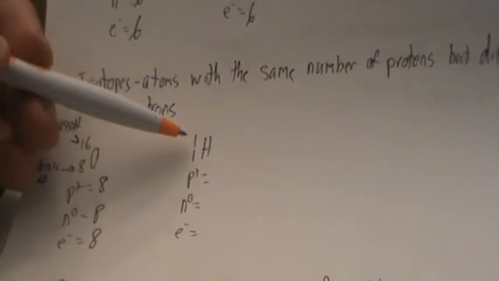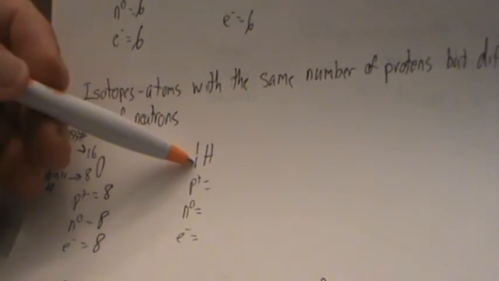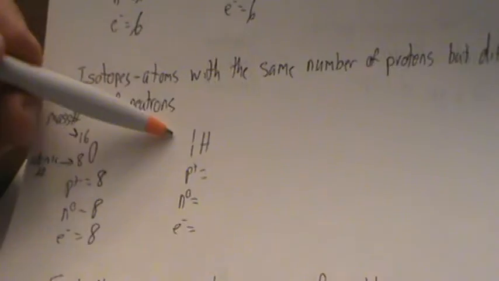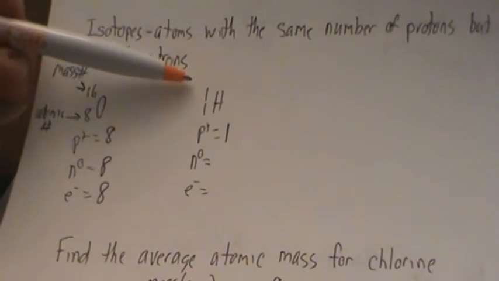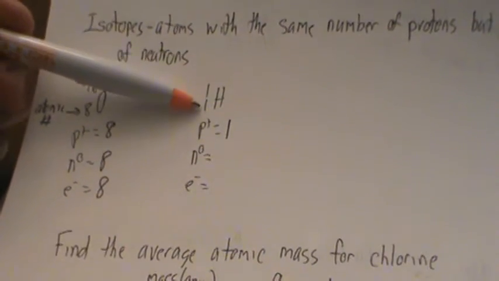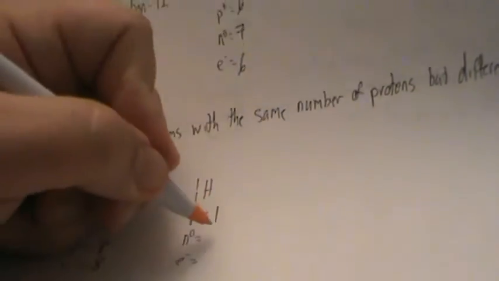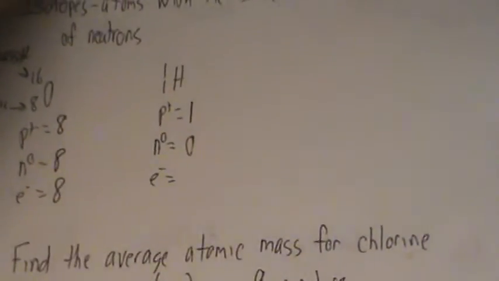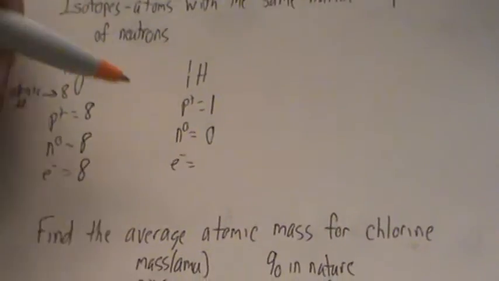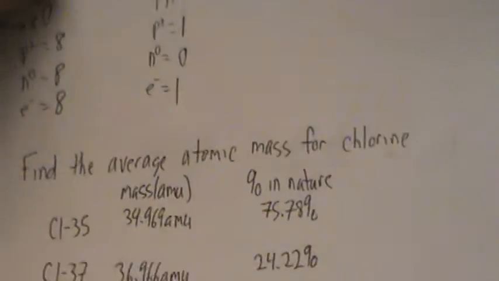If we look at this hydrogen 1 atom, well, protons, the bottom number is the atomic number, so that's telling us that it has 1 proton. Now, how many neutrons? Well, if we take the mass number minus the atomic number, so 1 minus 1, in this case we have 0 neutrons. Electrons, well, if we have 1 proton, we have to have 1 electron.